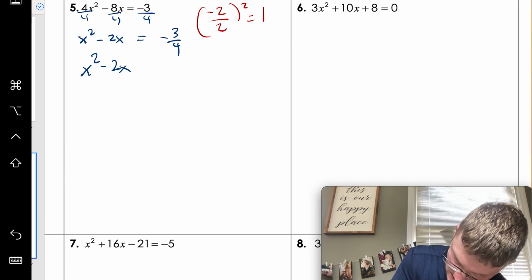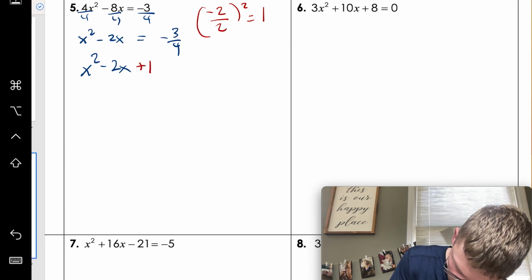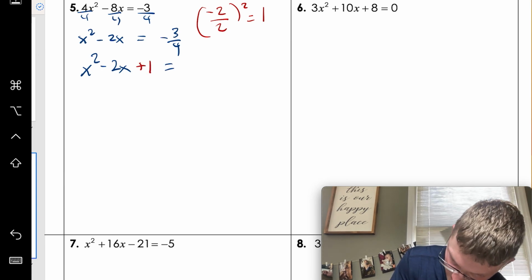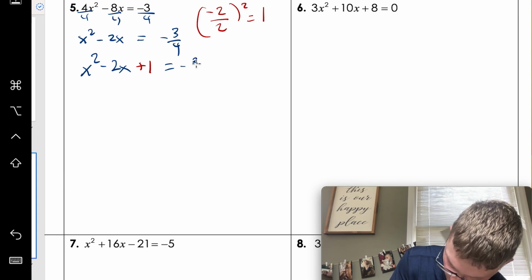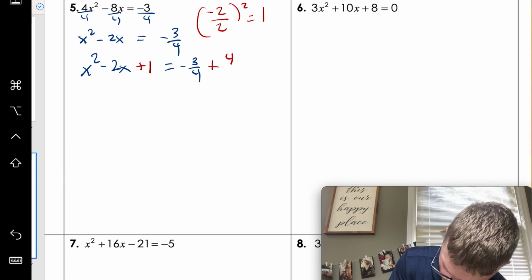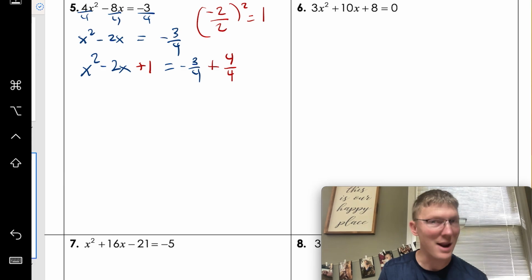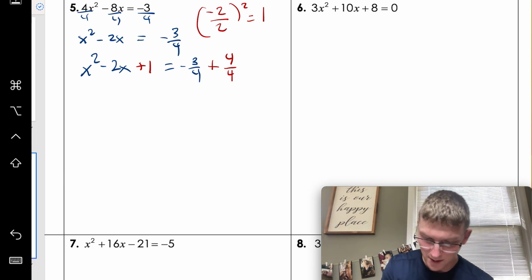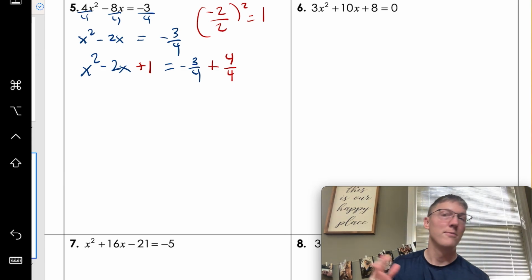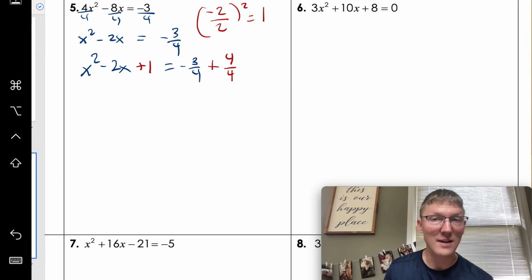So we have minus 2x, and we're going to add 1 to that side. Then we have negative 3 over 4, and we're going to add 1. And I'm going to rewrite my 1 automatically as 4 over 4, because I know I'm going to have to add those fractions later on. Remember, any number over itself is just a fancy version of 1.